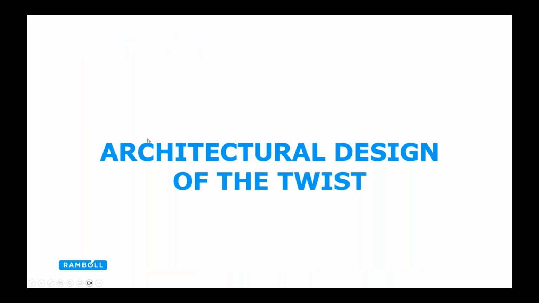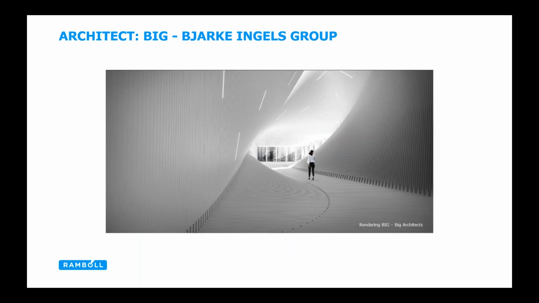And we'll take a look at the architectural design of the Twist, since we know where it is and who is behind it. The main architect was BIG, that means Bjarke Ingels Group, this architectural design office.